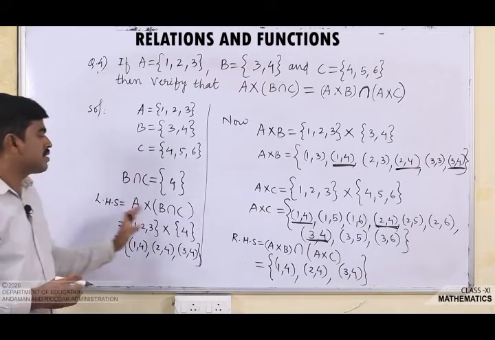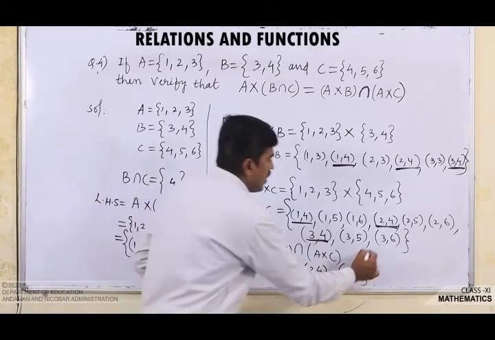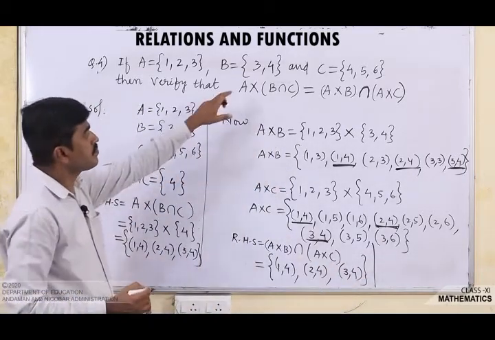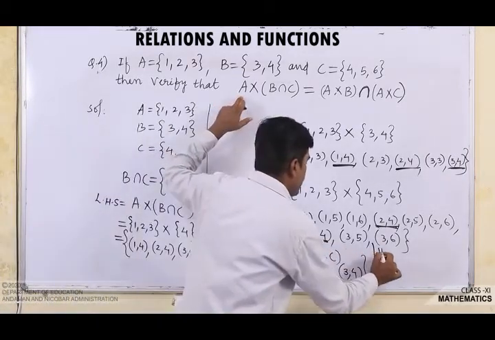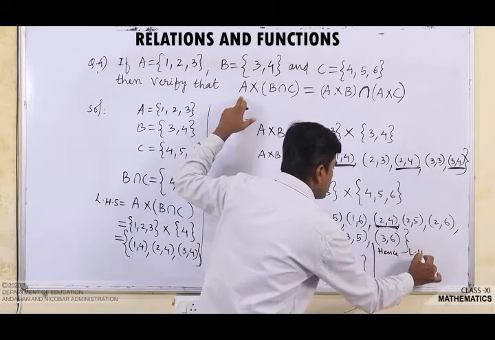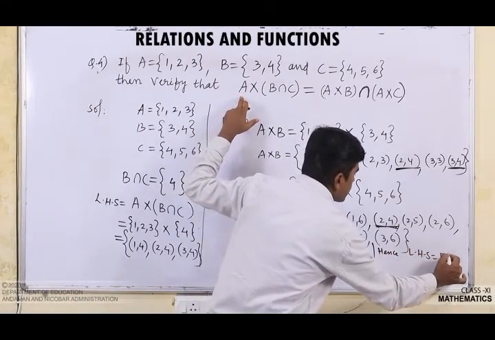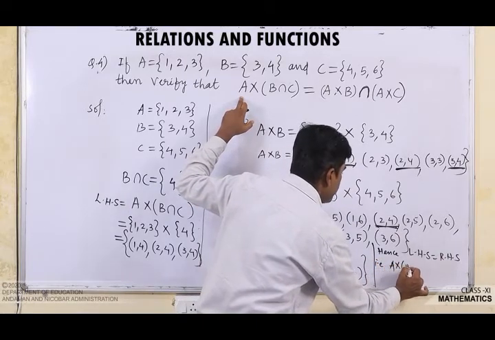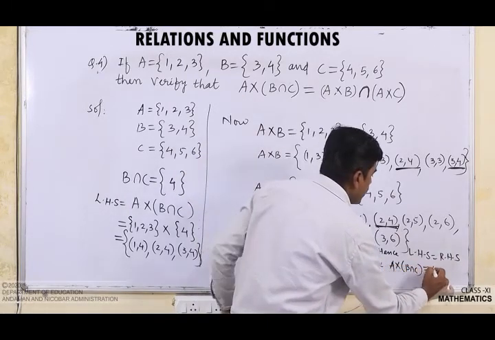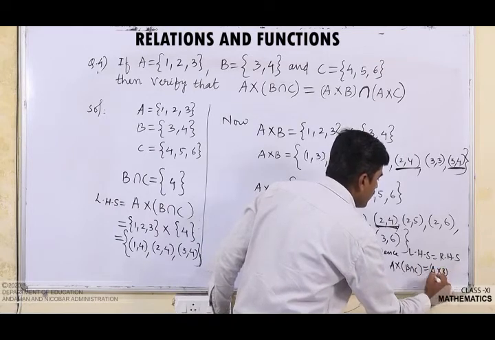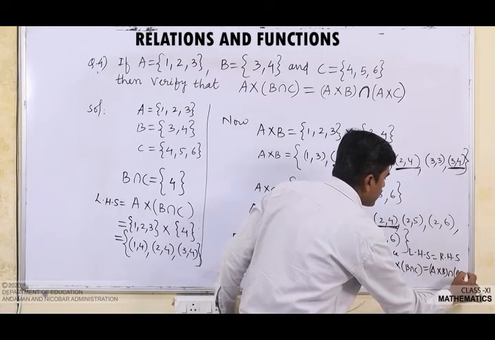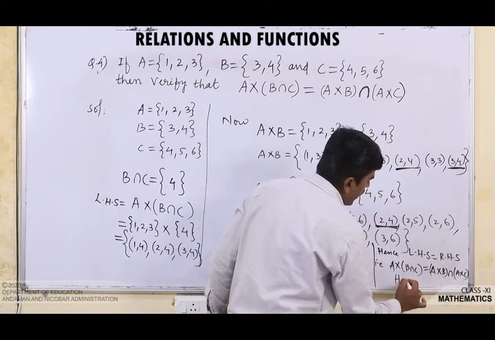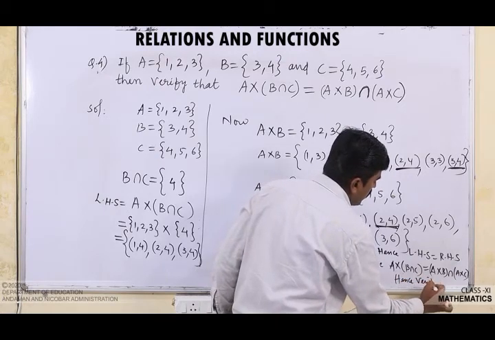So that means LHS is equal to RHS. That is, A cross (B intersection C) is equal to (A cross B) intersection (A cross C). Hence verified.